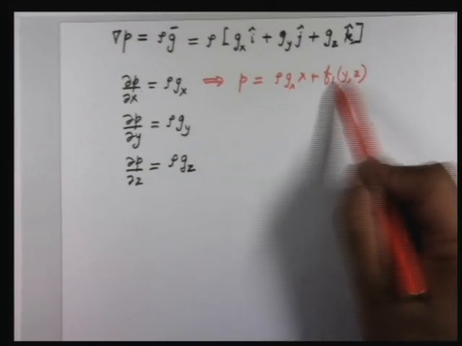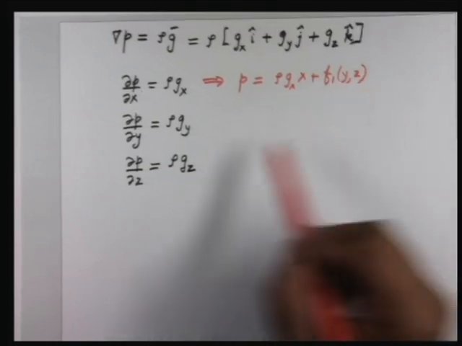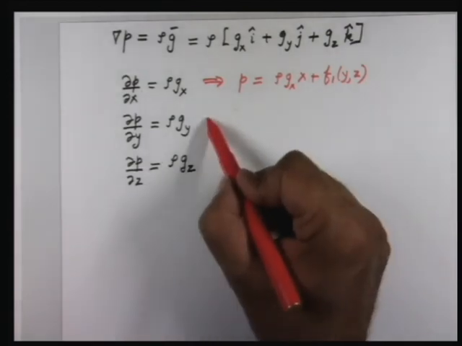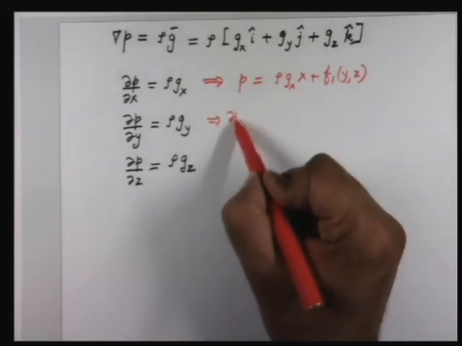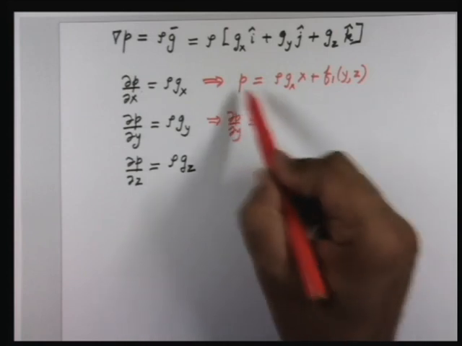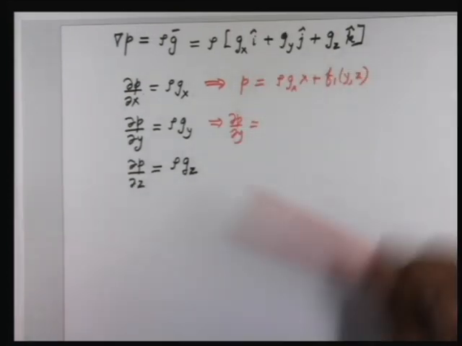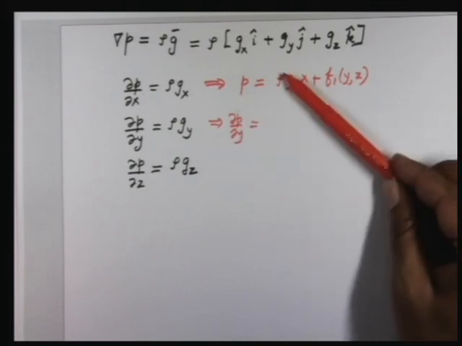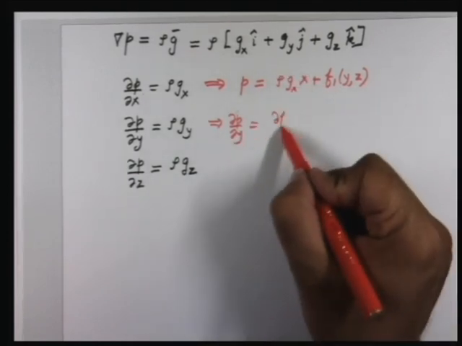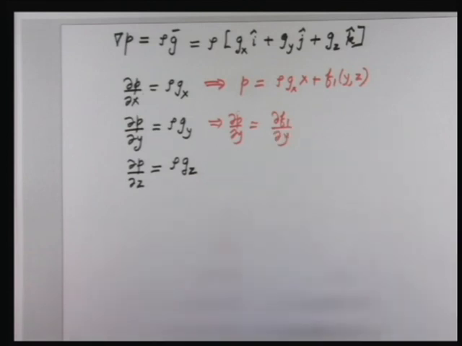So how to find this function of y and z? Well, look at del P del y. From here you get del P del y: let us differentiate this relation with respect to y. If you take the partial derivative with respect to y, this goes to 0. You have del f1 del y.